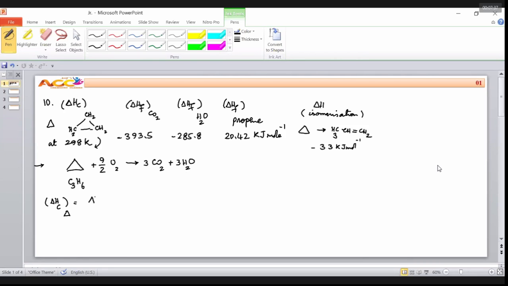Very simple, sir. Enthalpy of combustion of cyclopropane is called enthalpy of reaction.